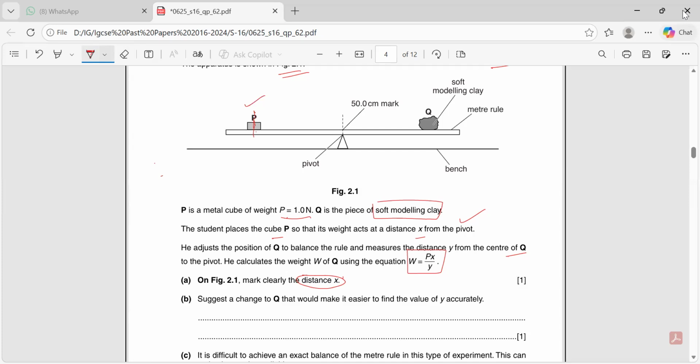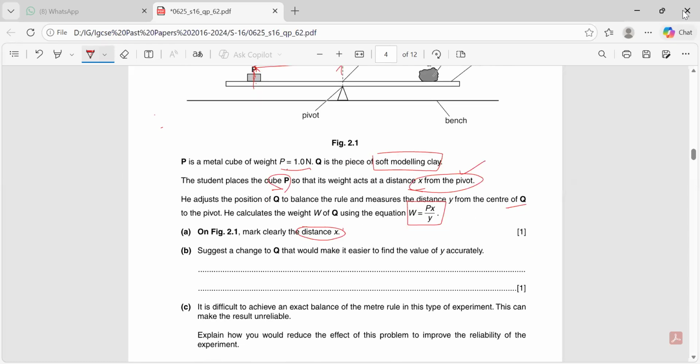Now, my dear friends, from here till here, this is what? This is x. Very clearly, cube P so that its weight acts at a distance x from the pivot.